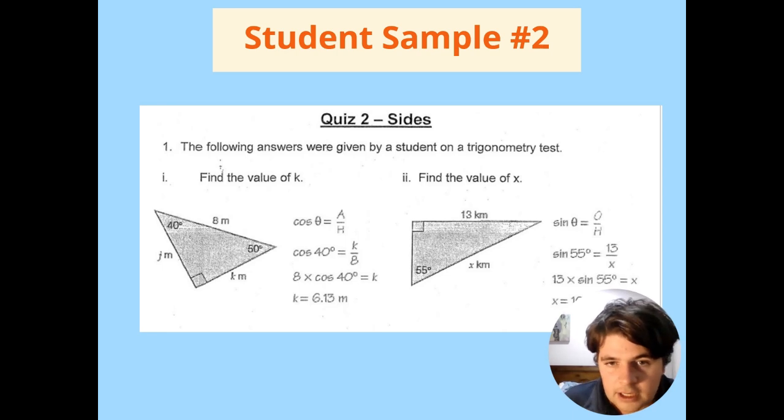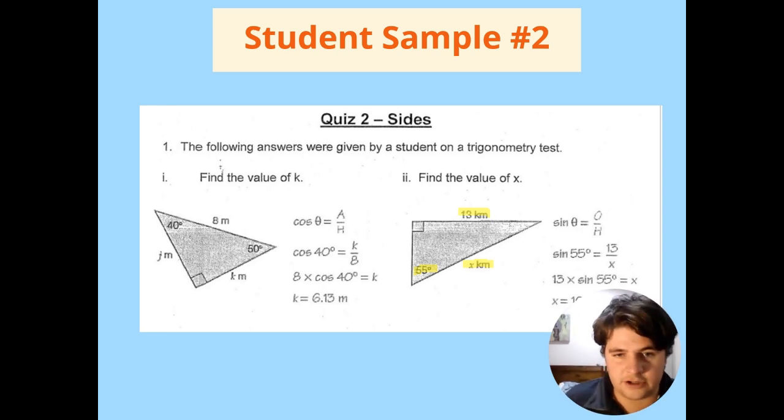Now, the first step is labeling the sides of the triangle, which hasn't happened. You've got x, which is the hypotenuse, given that's the longest length. You have 13 kilometers, and you have a reference angle of 55 degrees.